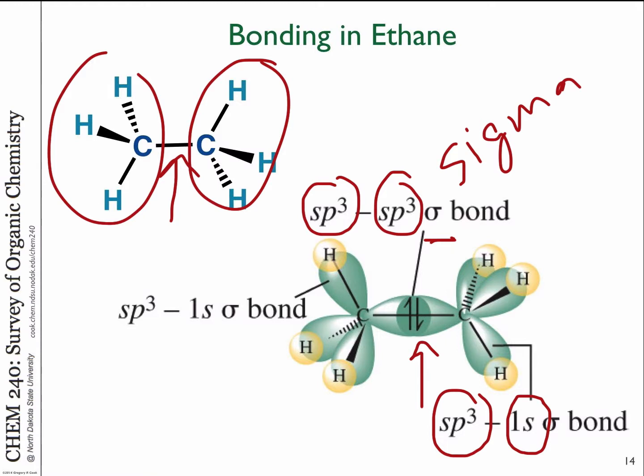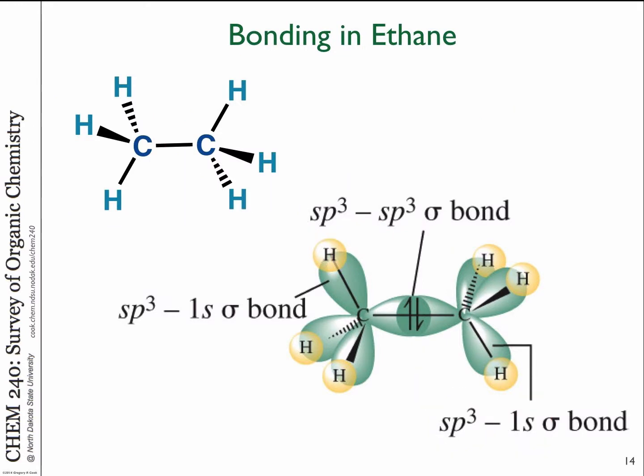In the whole molecule. How many sigma bonds in ethane? 7, that's right. There are 7 single bonds. Those are end-to-end overlaps, or sigma bonds. Those are typically some of the stronger types of bonds, sigma bonds. And there are 7 in this molecule.